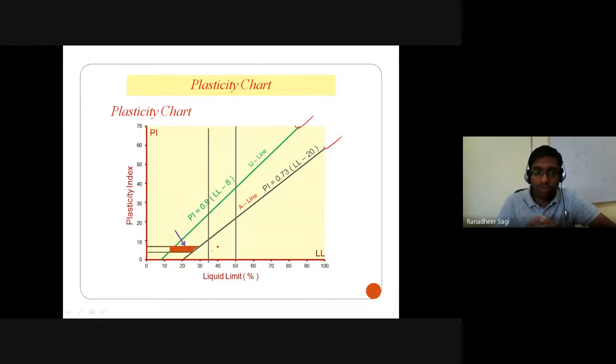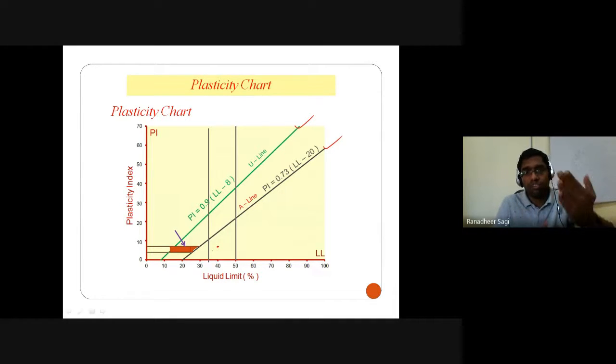If you have a foul smell, which indicates that there is some decomposing matter present in that soil, then such kind of soil is what we call organic soil. If there is no indication of foul smell or dark color in that soil, then it is a silty soil, not an organic soil.